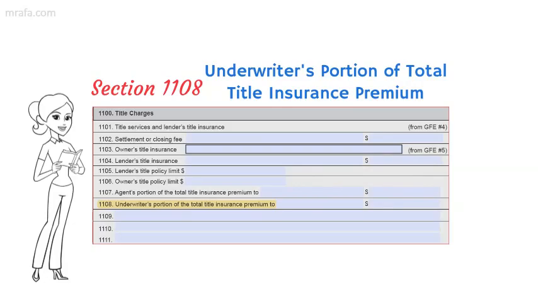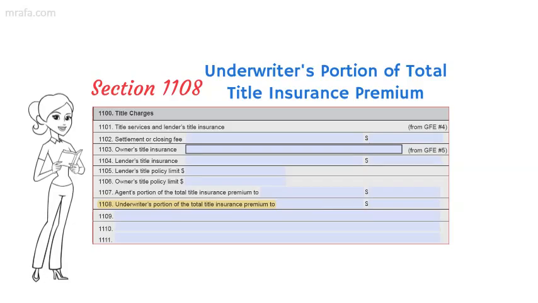So all these charges will add to your adjusted basis of your property. It adds to your cost. And if it's part of the cost of the property, this will be depreciated over the life of the property.